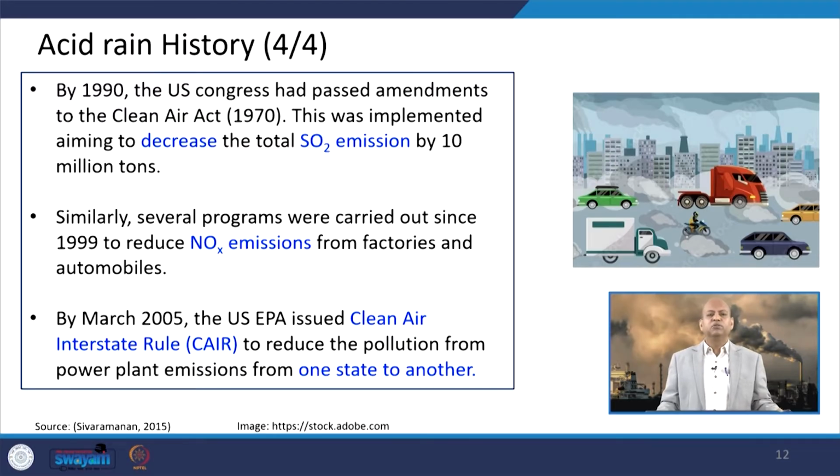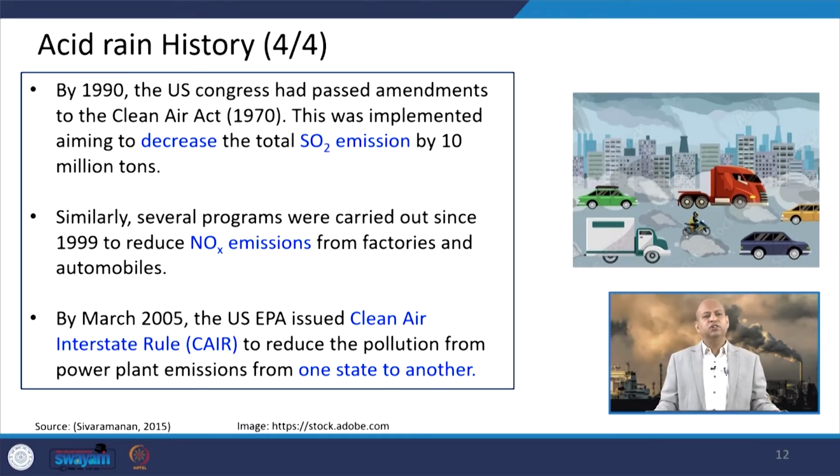Similarly, several programs were carried out since 1990 to reduce NOx emissions also, because not only sulfur dioxide but NOx emissions are equally responsible for acid rain. So, the emissions of NOx from factories and automobiles were also targeted for reduction.